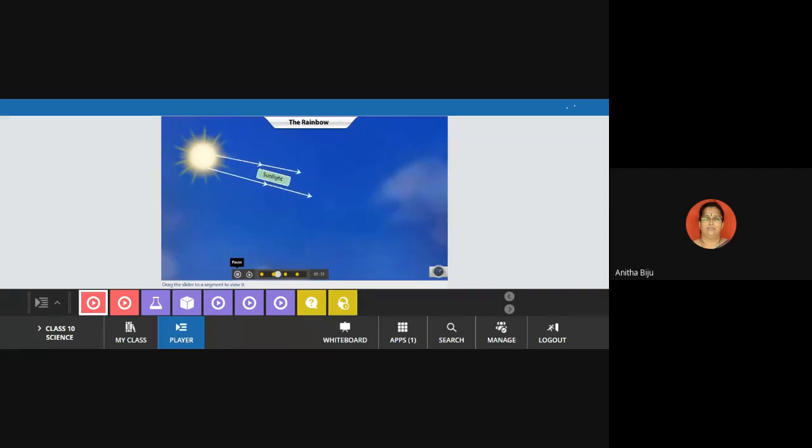Sunlight bends as it enters the droplets in the air. The droplets reflect the sunlight internally and refract the light again as it moves out into the air. In this way, each water droplet acts as a prism and disperses sunlight. Together, millions of such tiny droplets form the bow-shaped spectrum in the sky.